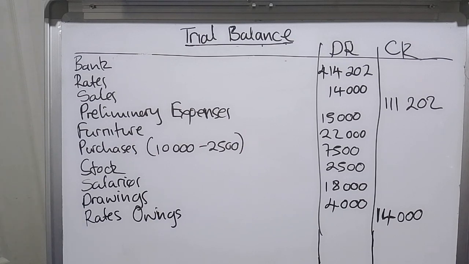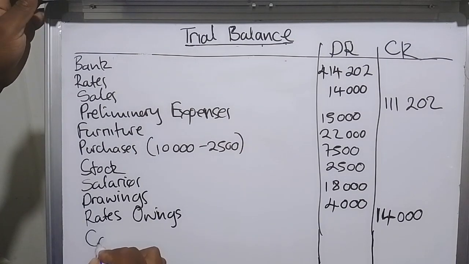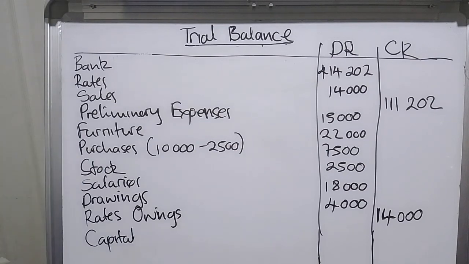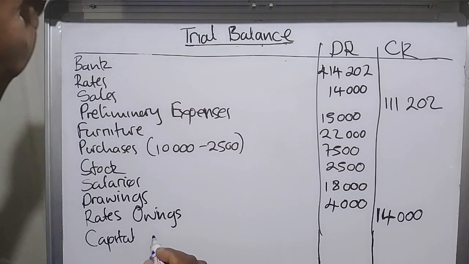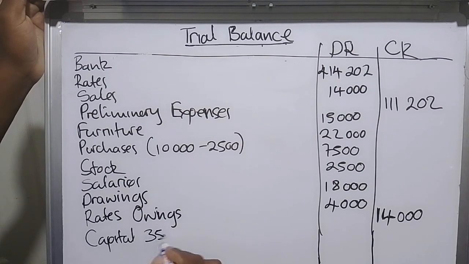Okay, we also have capital. Now, capital was also affected in a similar manner to the bank account. The first capital which we obtained was 350,000.